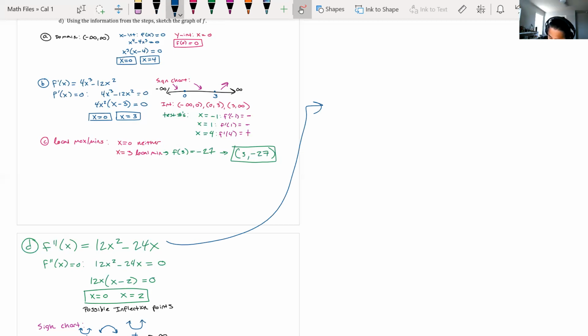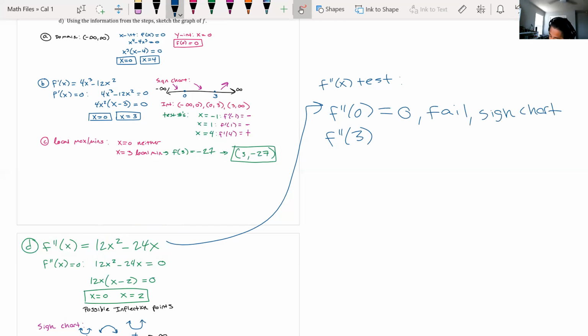If I did a second derivative test, we would take our critical numbers of 0 and 3 and plug them into the second derivative: f double prime of 0 and f double prime of 3. Plugging 0 into the second derivative gives me 0, which means it fails and you must create a sign chart. Good thing we did, huh?